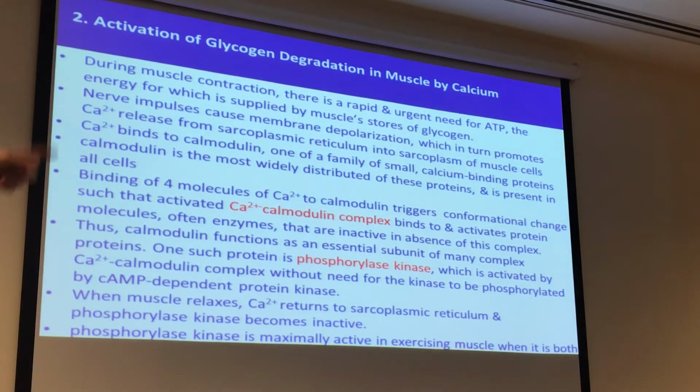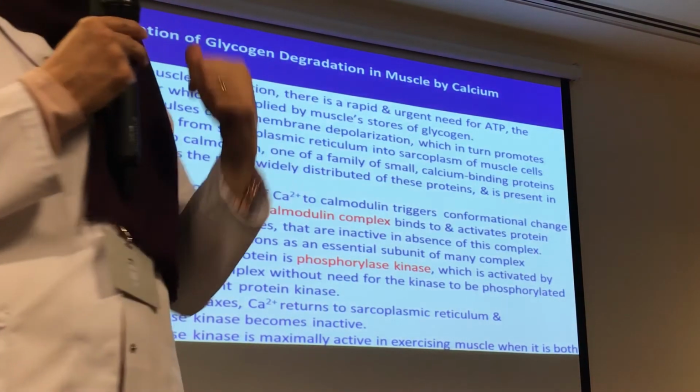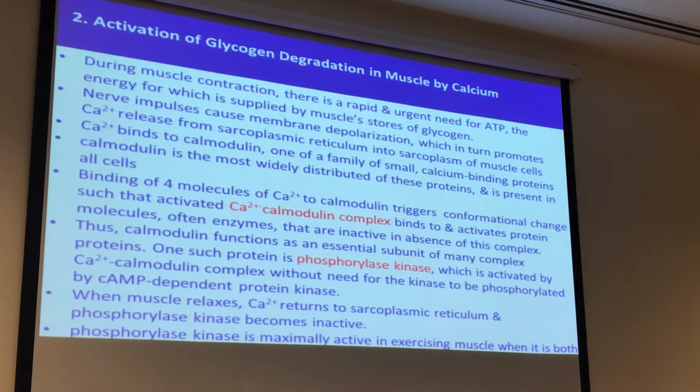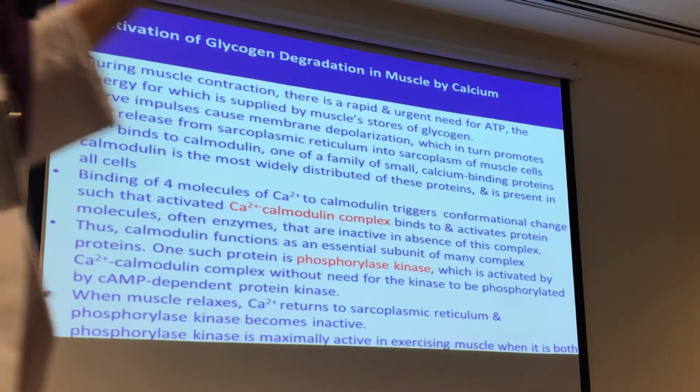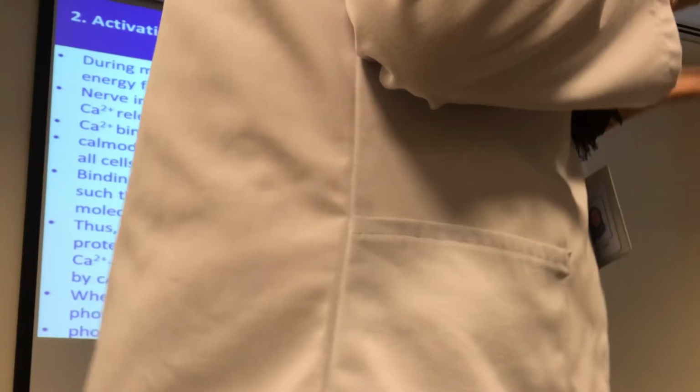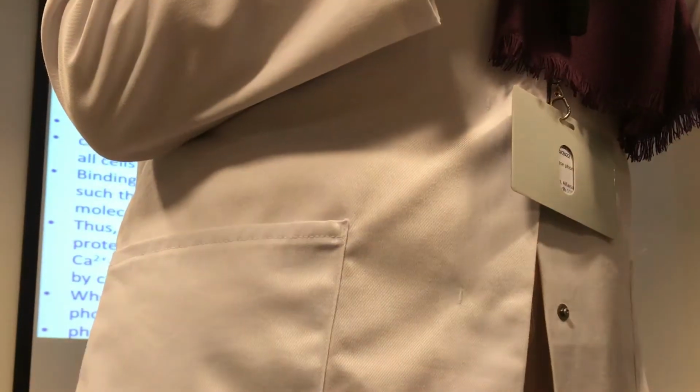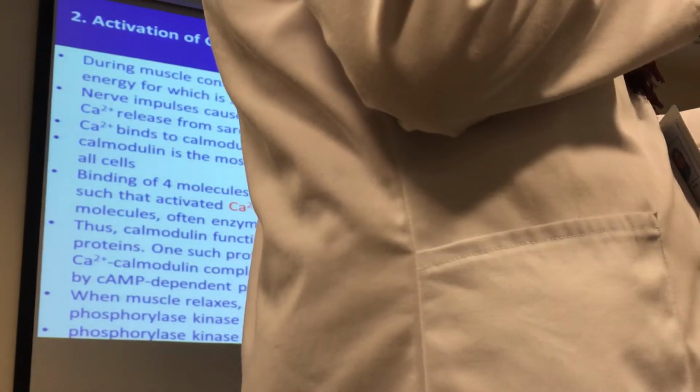So this enzyme will phosphorylate the phosphorylase, making it active. And when the phosphorylase is active, what is it going to do? Break down glycogen.